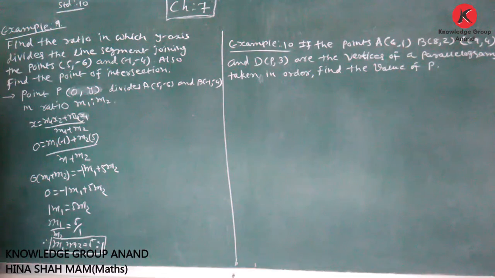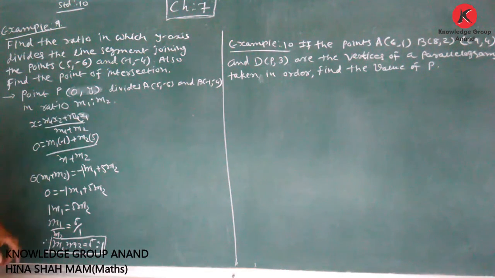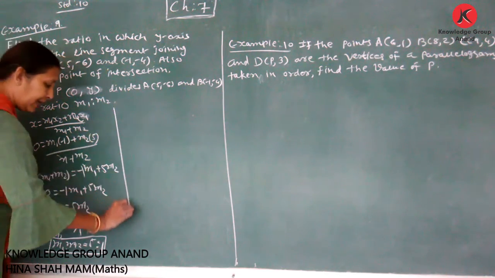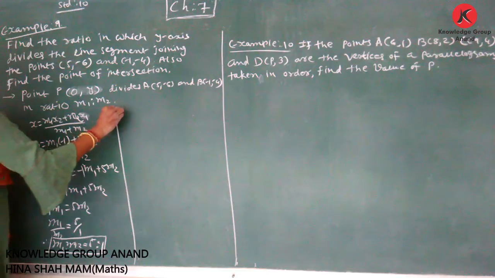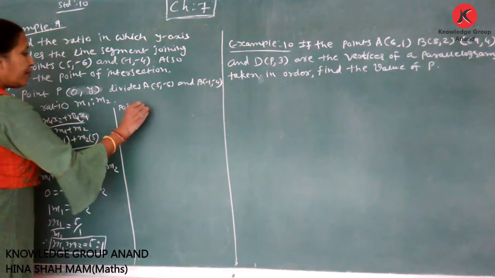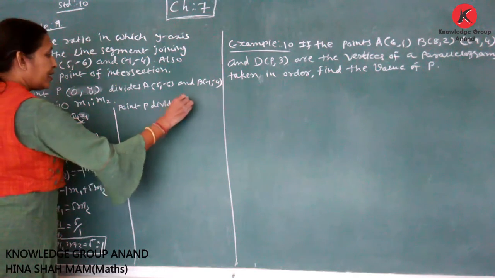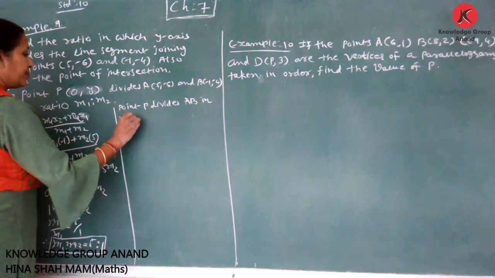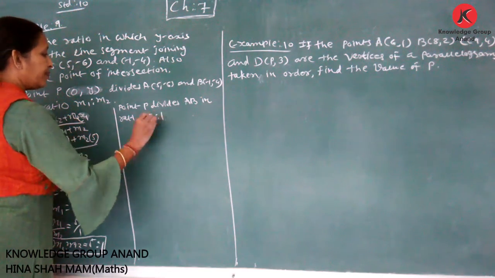It is divided in the ratio 5:1. Now, using m1, m2 as 5:1, point P divides AB in the ratio 5:1.